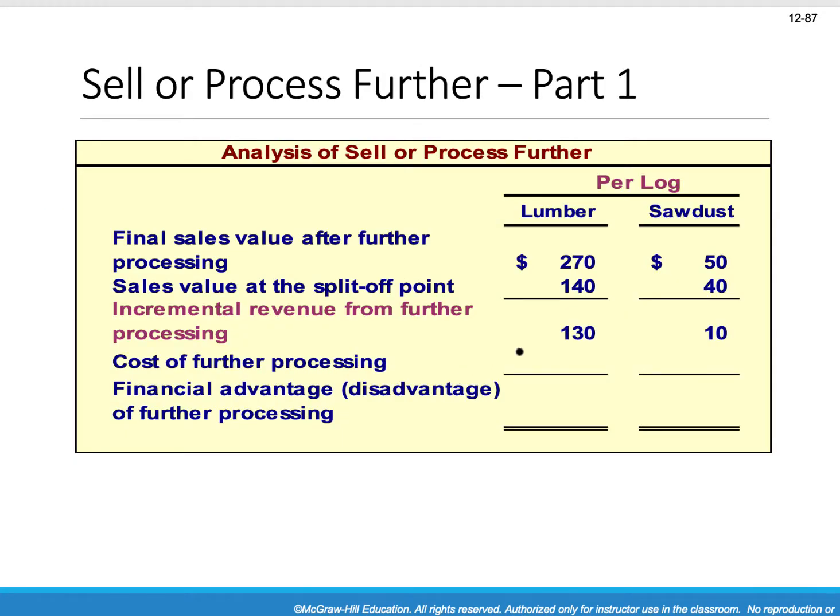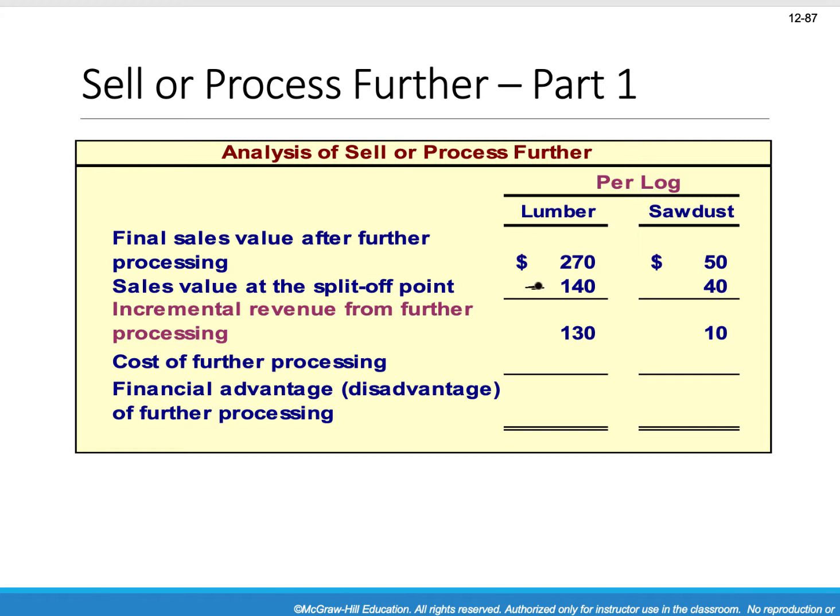Okay, so where are we at now? Well, we have the sales value of further processing, and we have the sales value at the split off point. So we see here we're comparing the difference, the incremental revenue, right?